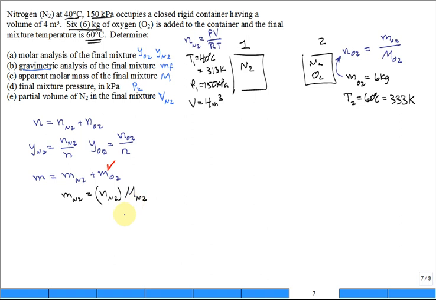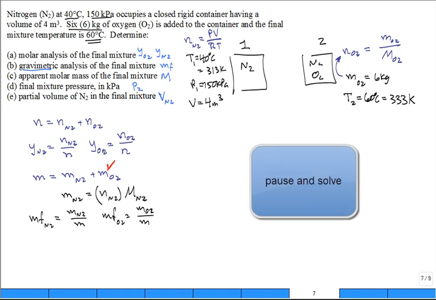Nitrogen is N2, diatomic nitrogen, molar mass 14 and 14, around 28. Once I have that, the mass fraction of the nitrogen is the mass of the nitrogen divided by the total mass, and the mass fraction of the oxygen is the mass of the oxygen divided by the total mass. Done with part B?